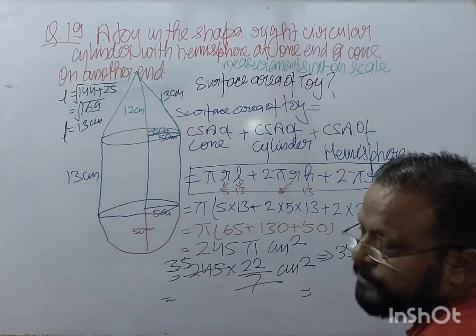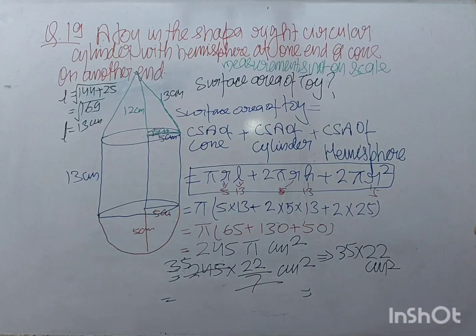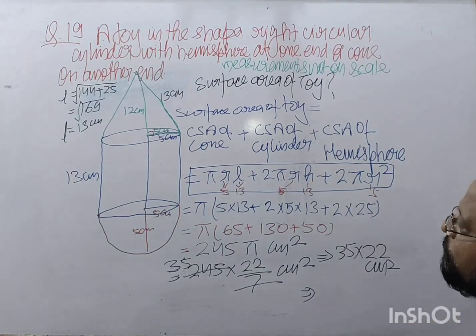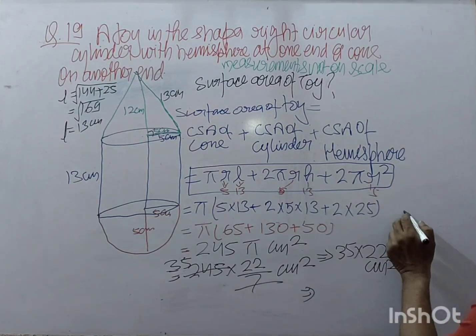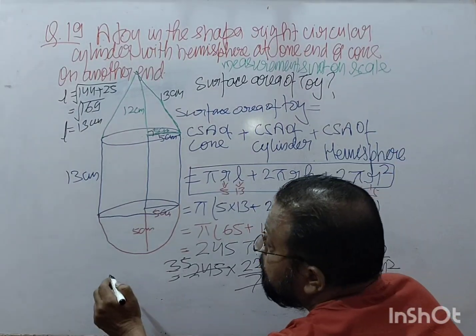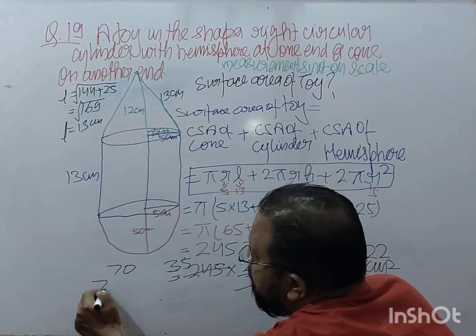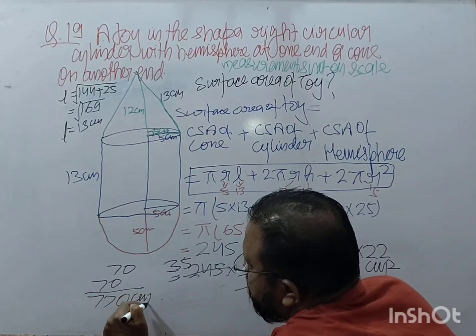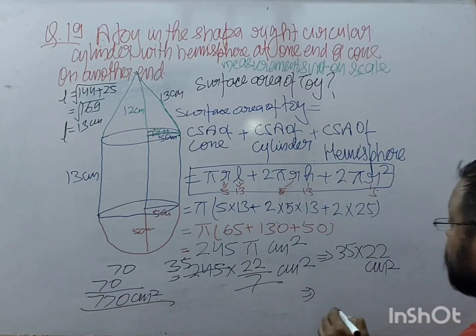So how much is it? That is 770 centimeter square. Is this right?